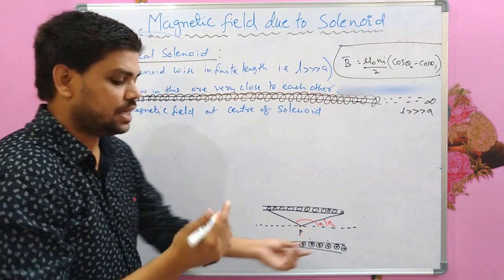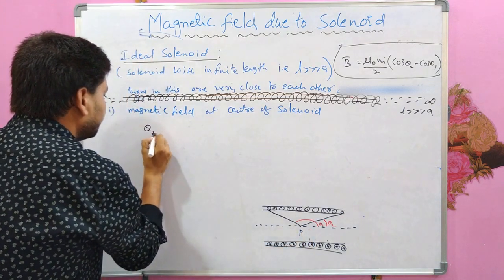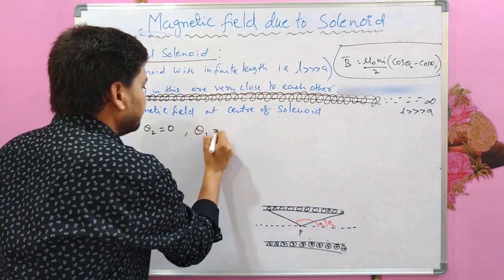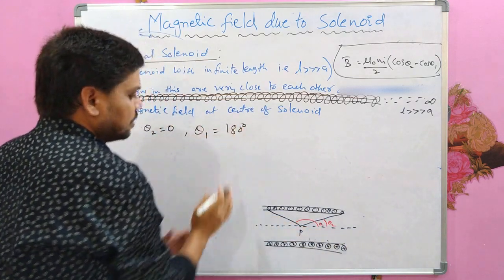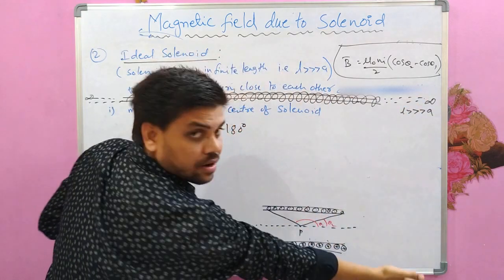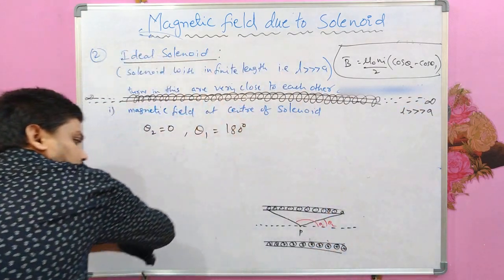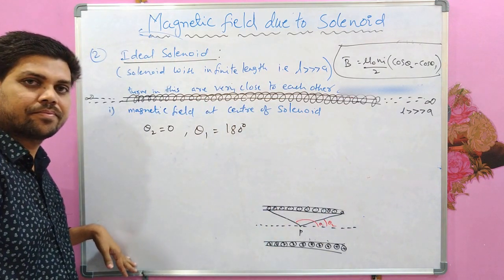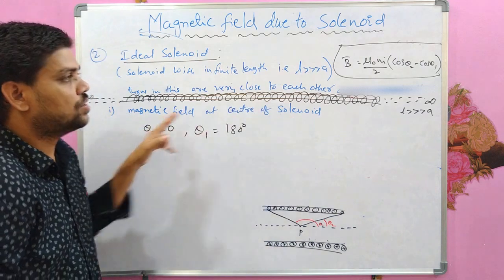So in that case, theta 2 will become 0 and theta 1 will be 180 degrees. Very long here also, at the center of the solenoid.